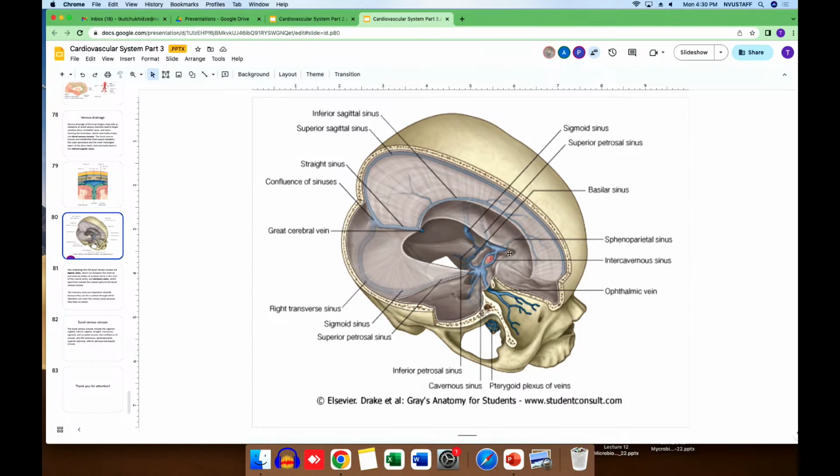As you see here, let's start with the lower, occipital part, right? So we have the confluence of the sinuses, and we have our superior sagittal sinus, right transverse sinus, sigmoid sinus, and superior petrosal sinus, all gathering in the confluence of the sinuses, right?